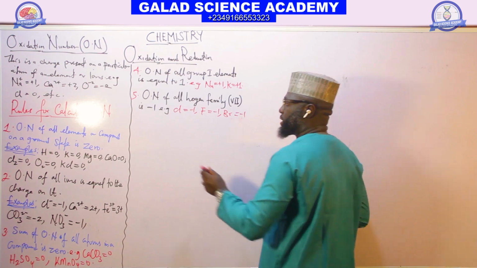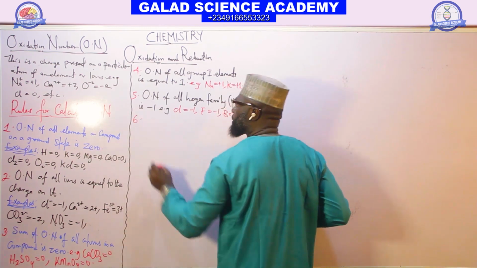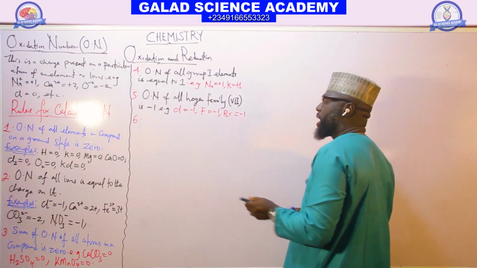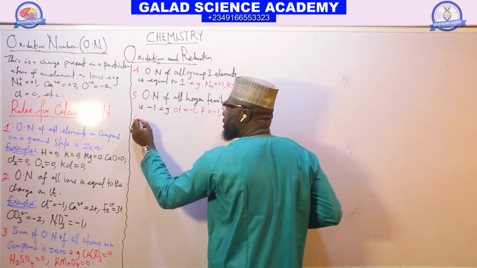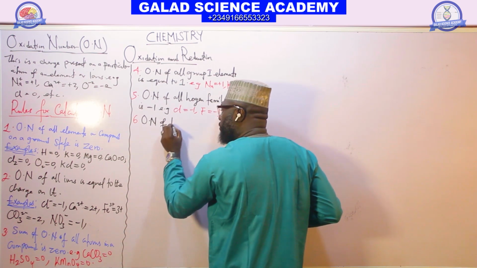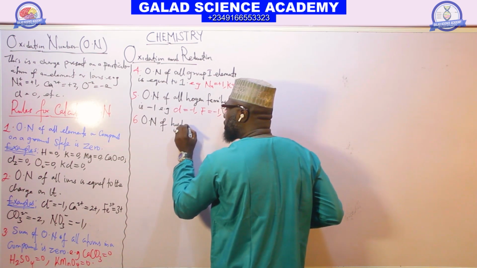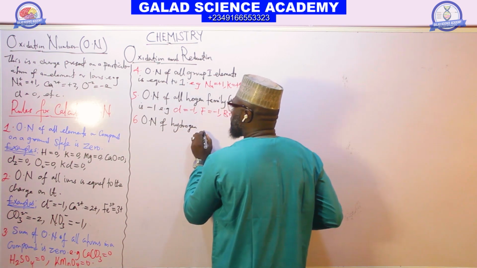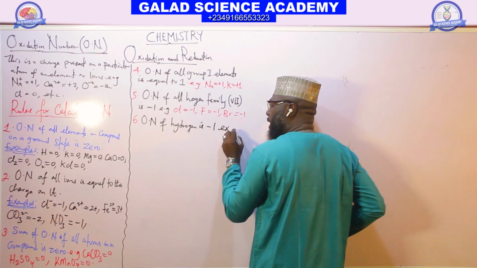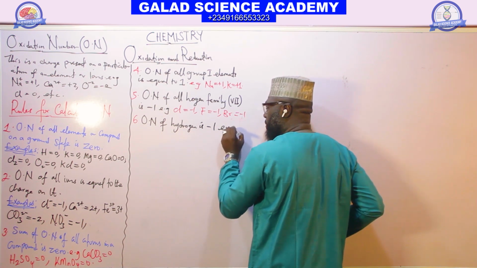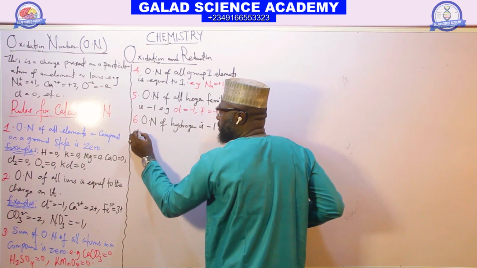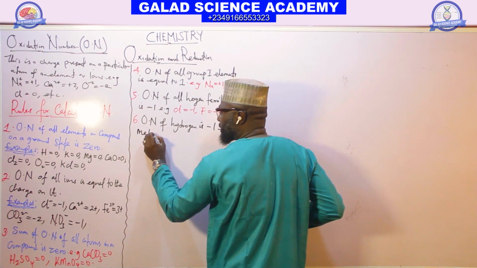Then rule 6. The oxidation number of hydrogen is +1, except in metallic hydride.